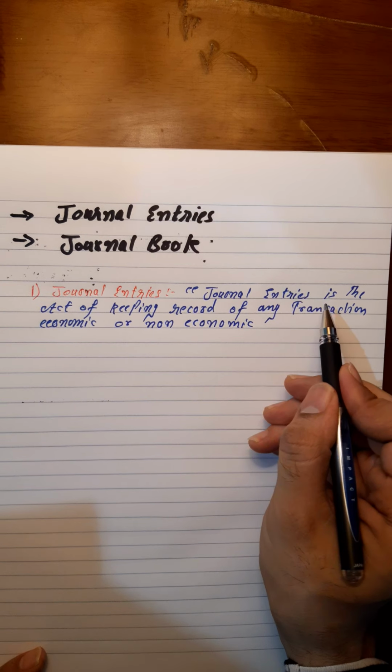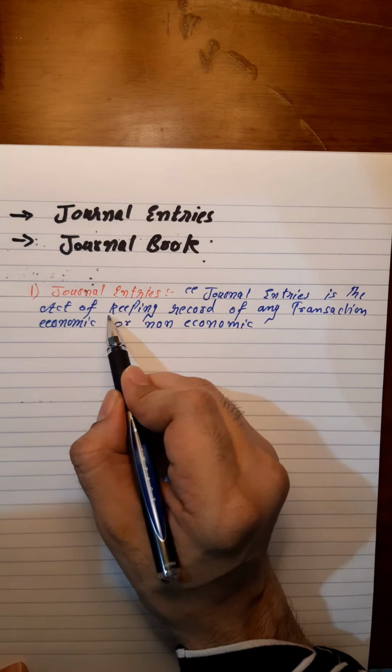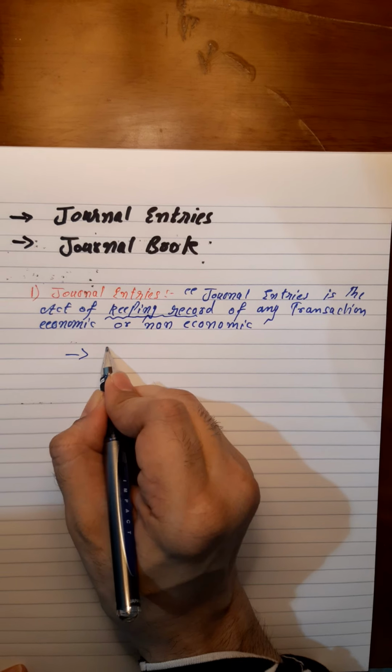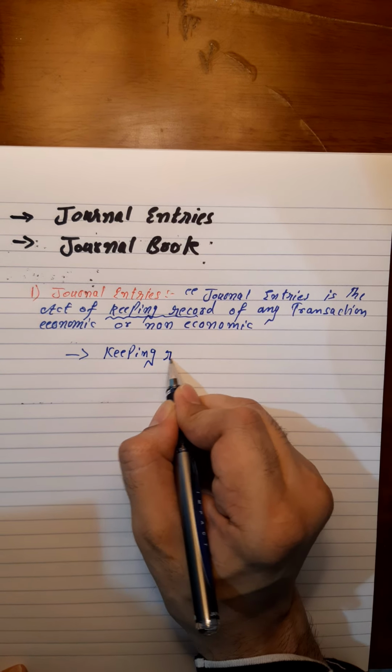Journal entry is the act of keeping a record. The definition shows keeping record.